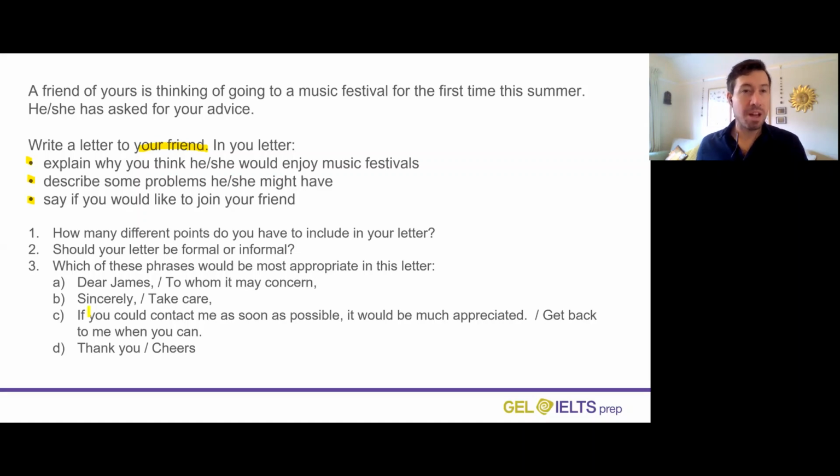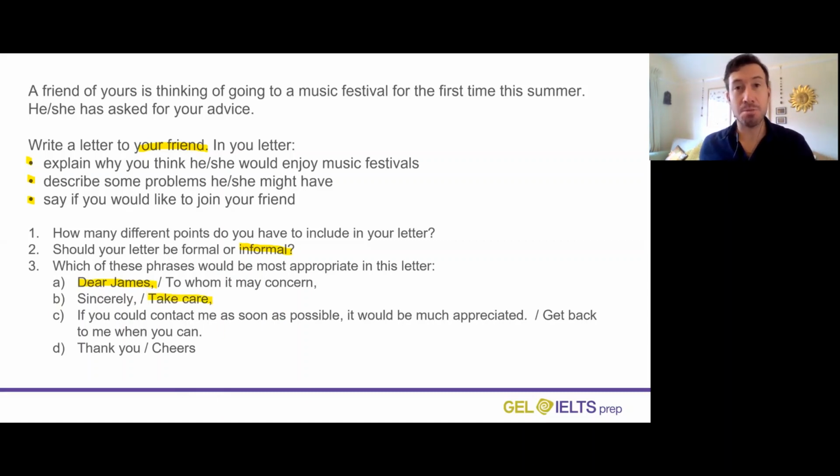Okay. Well, as we said, it needs to be an informal letter because it's to your friend. So we need to choose the more informal phrases here. So between Dear James and to whom it may concern, Dear James is the informal version. To whom it may concern is very formal. You would use that when you're writing to someone that you don't know their name. For B, take care is more informal. It's more friendly.